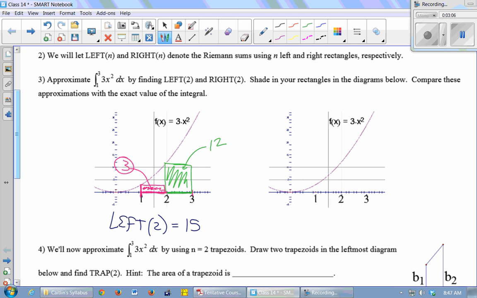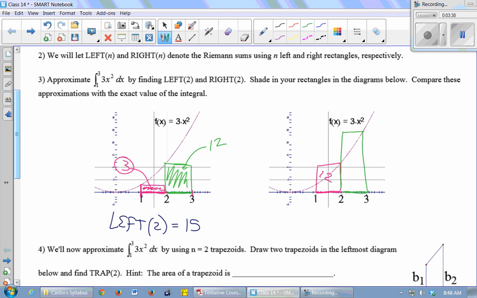All right, so then I'm going to do it also using right endpoints. Same thing, I'm going to mark my intervals, two intervals, from 1 to 3. But this time I create the height of the rectangle using the right endpoint. Okay, so this pink rectangle, now it's going to have an area of 12.